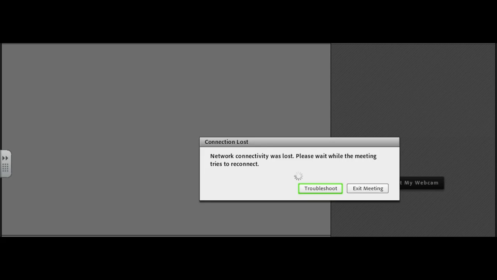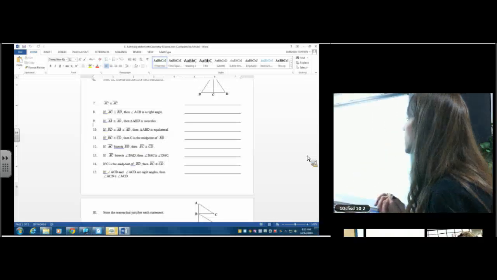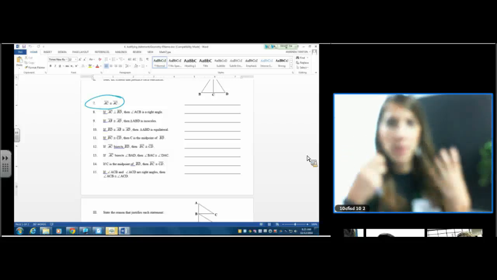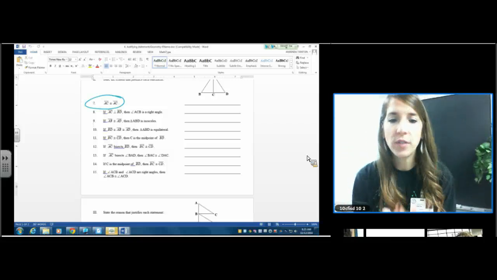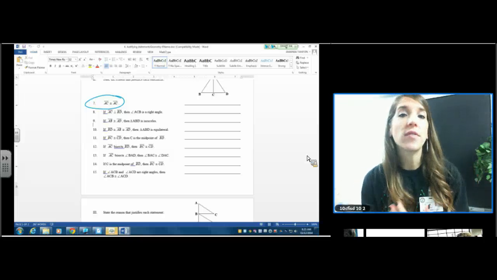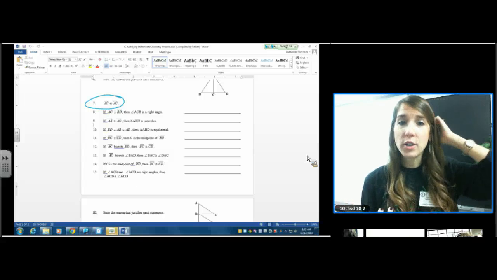Okay, number 7. This one is going to come up a lot, and a lot, and a lot. Sorry about that. Number 7 is the number 1 property on your sheet. It's called the reflexive property. I like to think of it as reflexive, kind of like reflective, like a reflection in a mirror. When you look in a mirror, you see yourself.